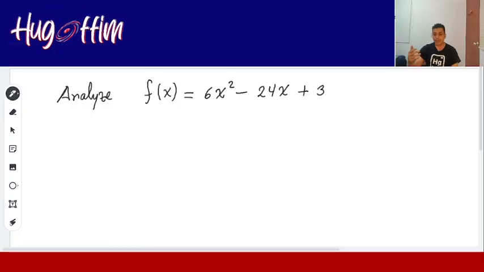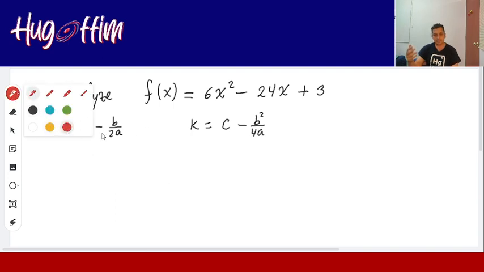So I'm going to use my formula to calculate my vertex: h is minus b over 2a, and k is c minus b squared over 4a. In this case, I can find out that a is 6, b is negative 24, and c is 3.